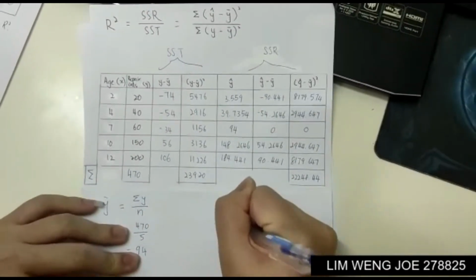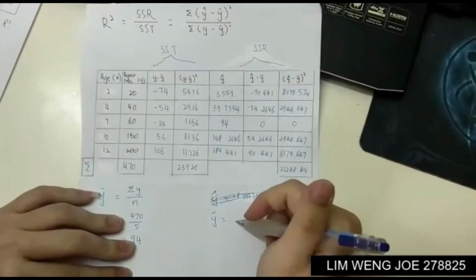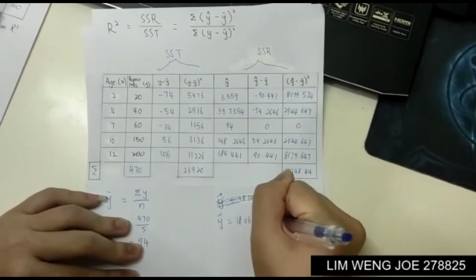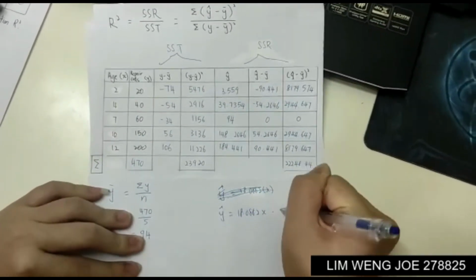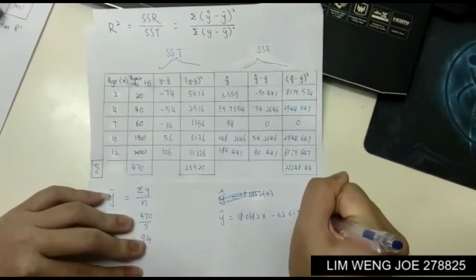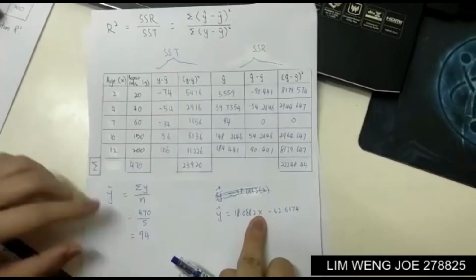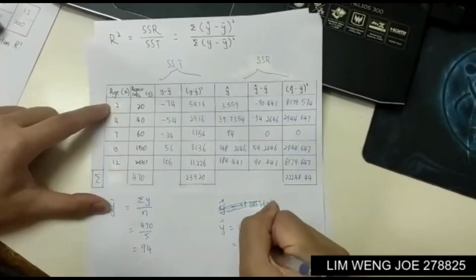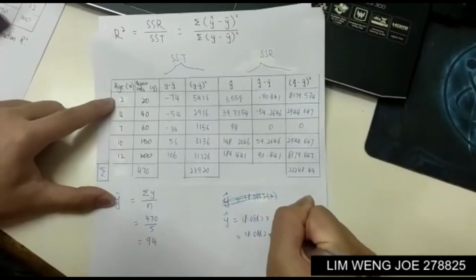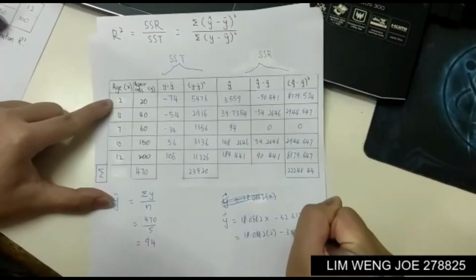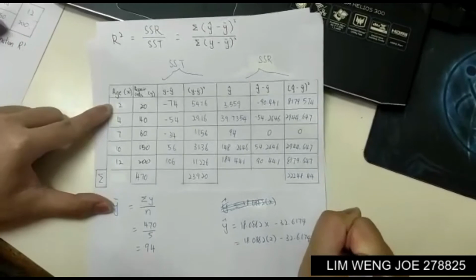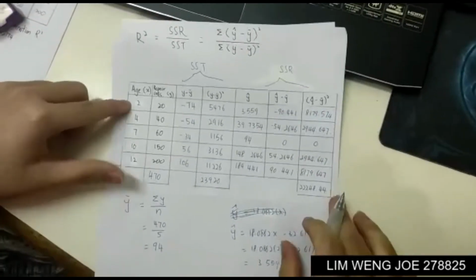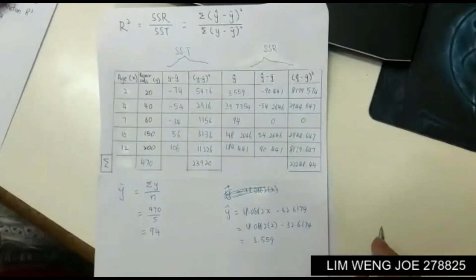To find y hat, we need to substitute variable x into the regression line, which is 18.0882x minus 32.6174. We substitute x, and then we will get 3.559. It is the first y hat.